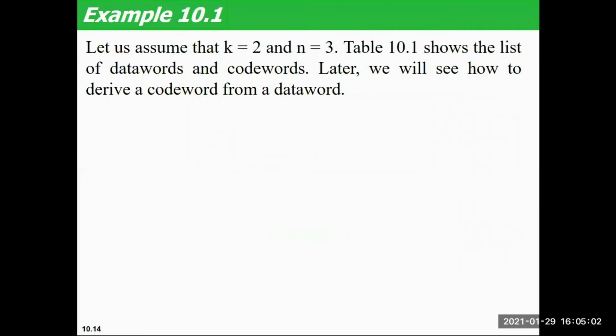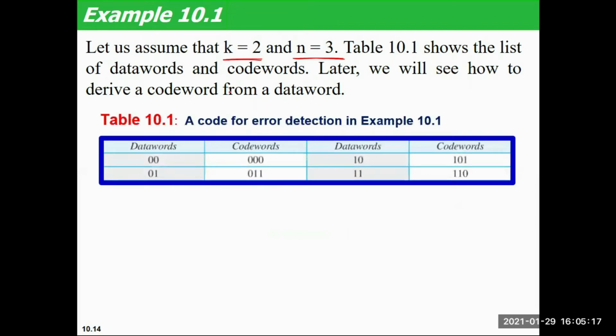So let's assume that the value of k is 2 and the value of n is 3. So we have added one more extra bit, and we are getting n equal to 3. For example, k equal to 2, and we have data words 00, 01, 10 and 11.